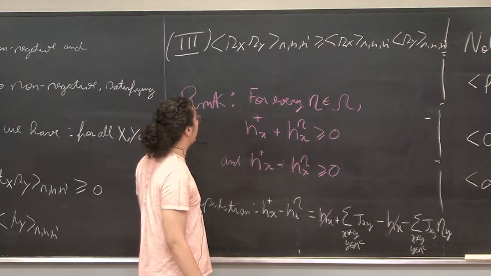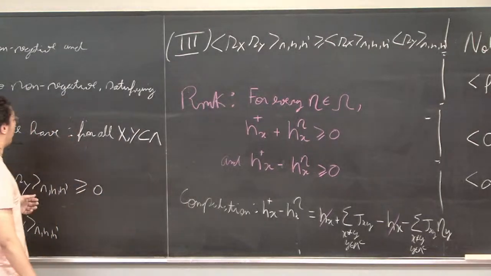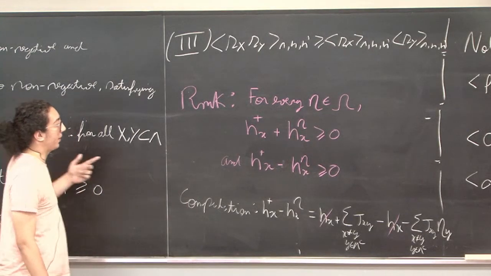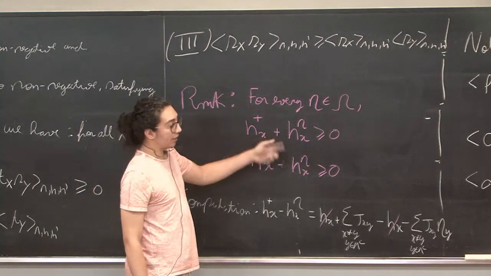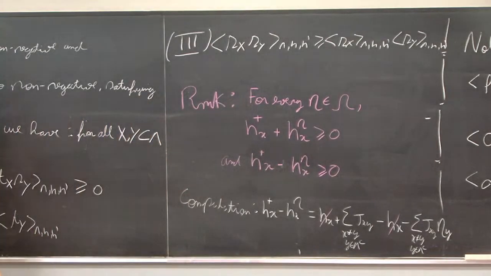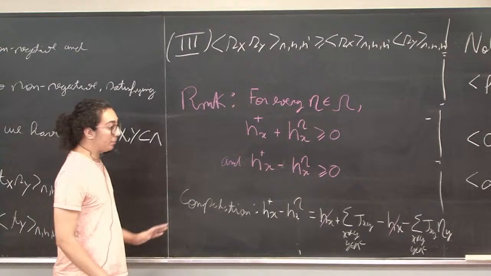Meaning that you can replace these inequalities by choosing h and h prime as h plus and h of a configuration, which in our case is just to put the plus and minus boundary condition here. You just replace this by plus and minus boundary condition, and you get the same inequalities.